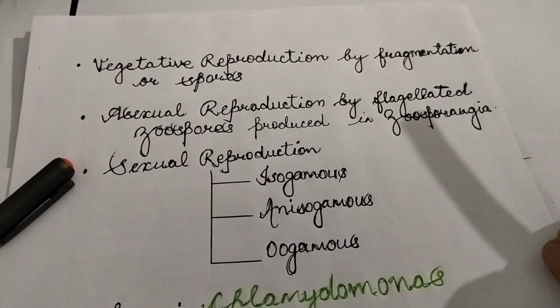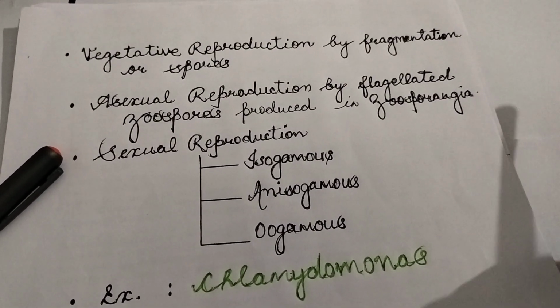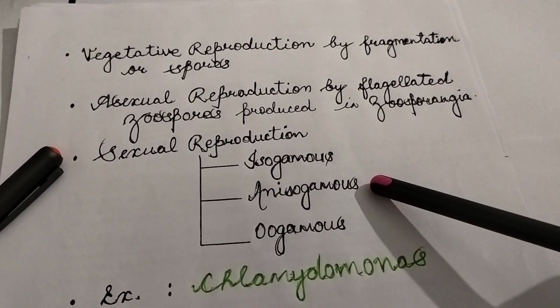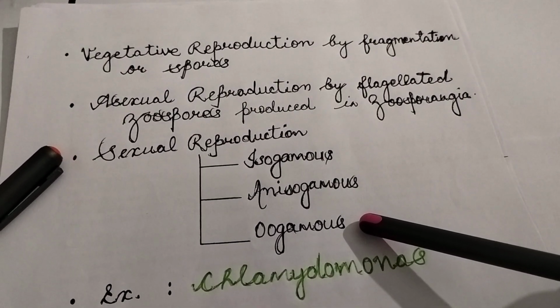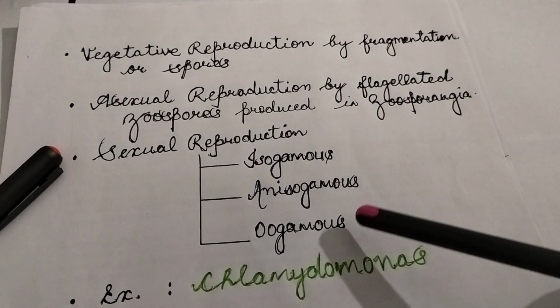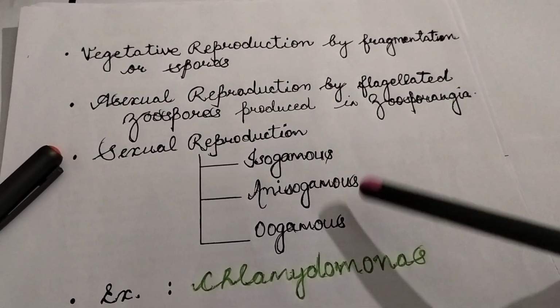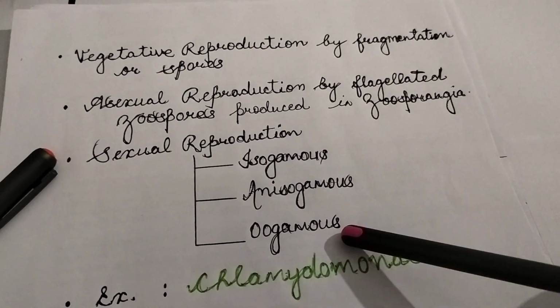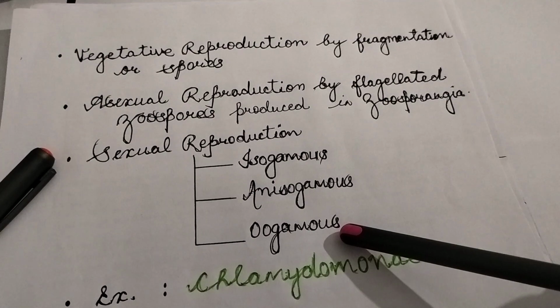Now sexual reproduction is of three types: isogamous, anisogamous and oogamous. All this we have studied. Sexual reproduction shows variation in Chlorophyceae in the formation of gametes. And what is the variation? They may be isogamous, they may be anisogamous, or they may be oogamous.